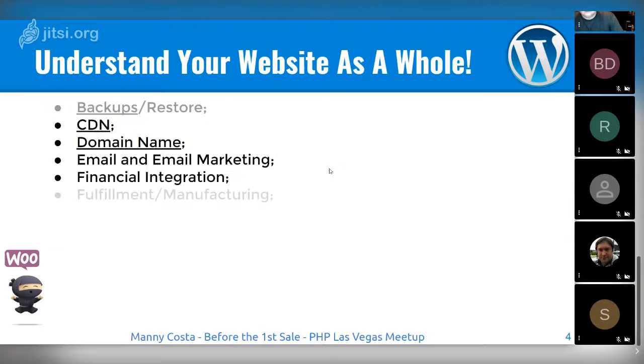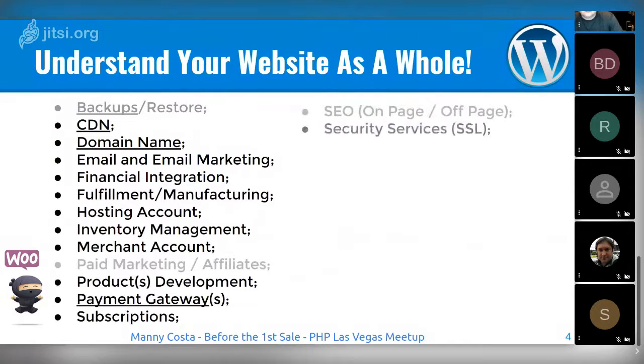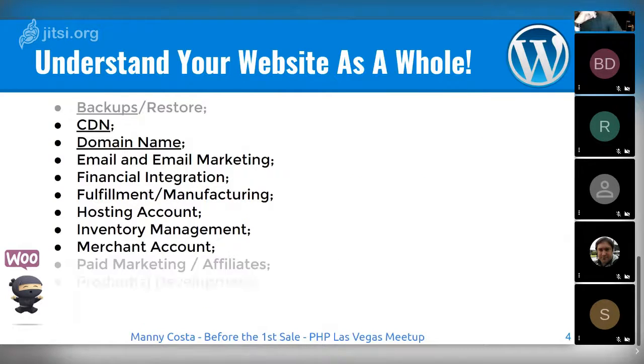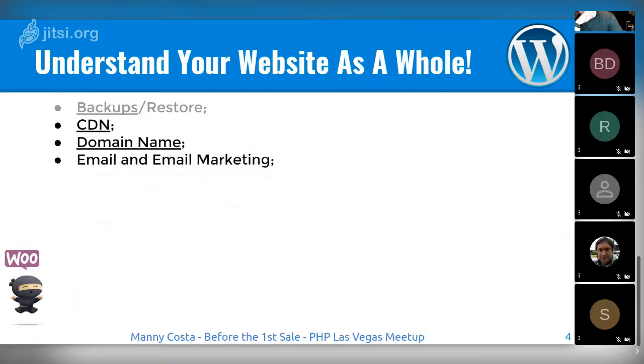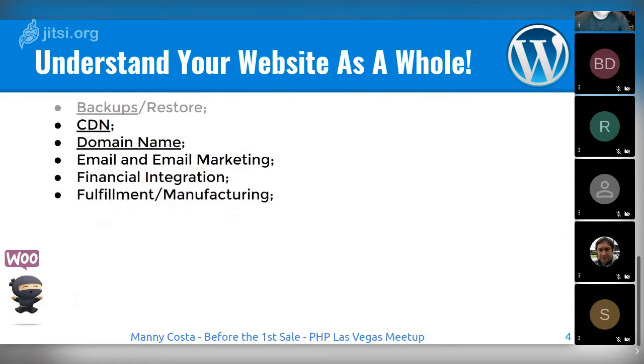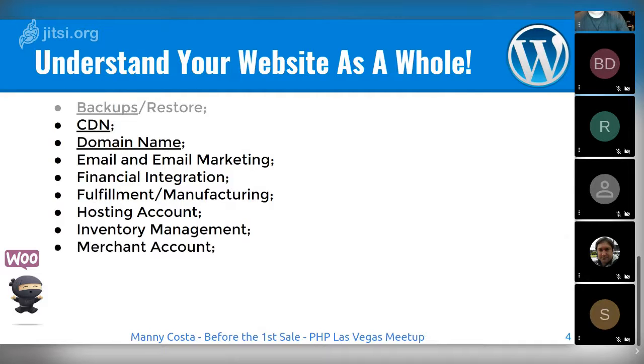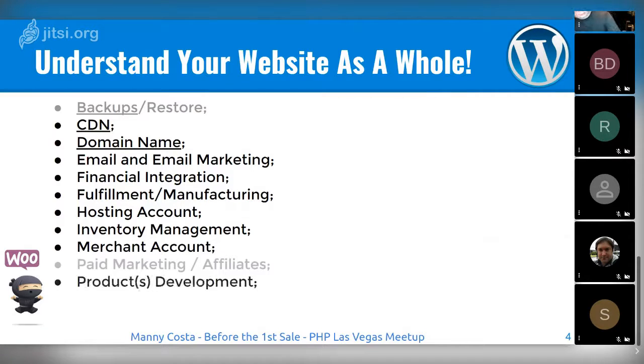It's important for the client to know that we need to have all of this in place: a backup and restore plan, a CDN if it's a very busy store, a domain name, email and email marketing stuff, financial integration, let's say with Stripe or Authorize.net, fulfillment information, stuff that you may need to send to the carriers, a really good hosting account, inventory management, how we're gonna sync the product information, and having a merchant account at a bank.